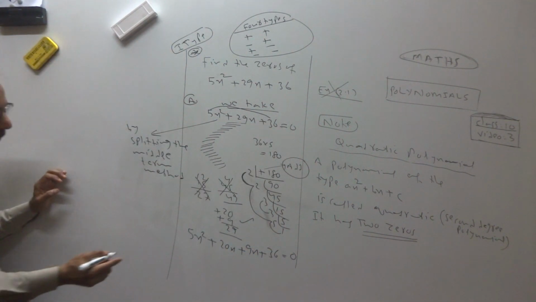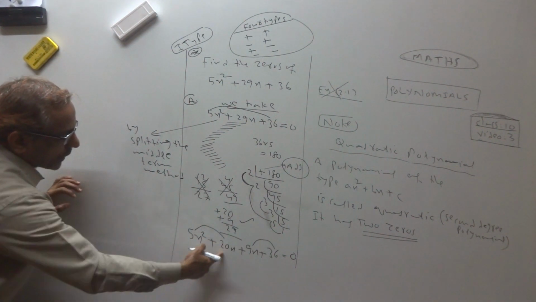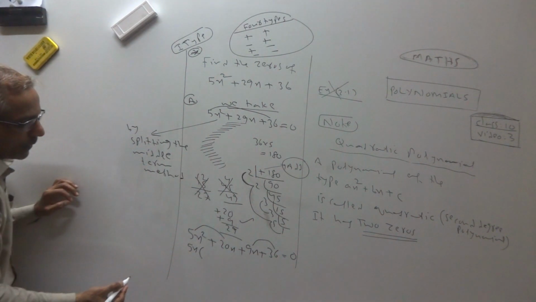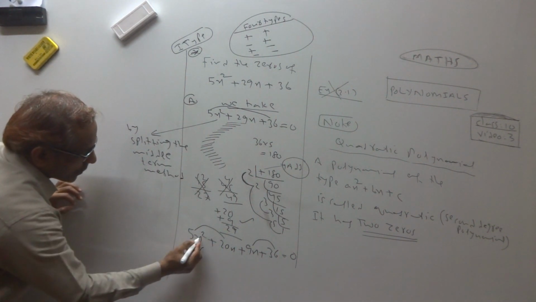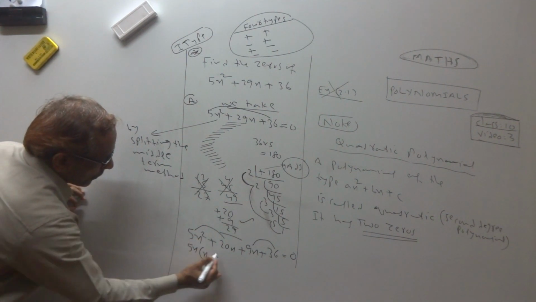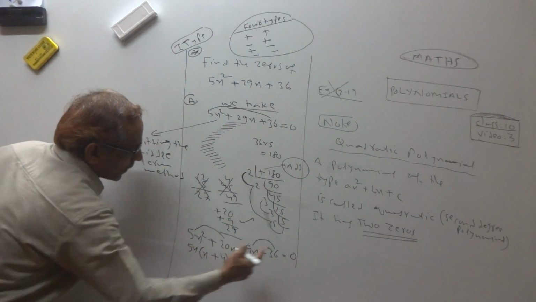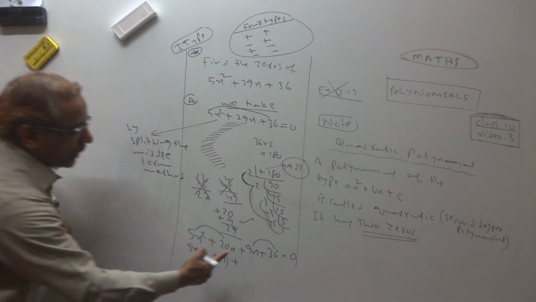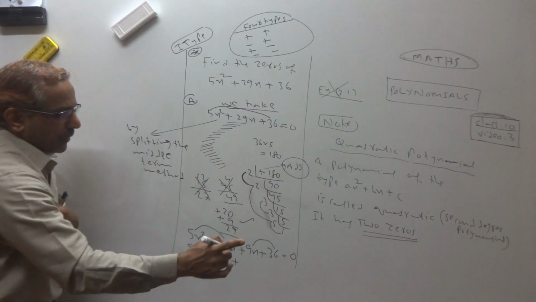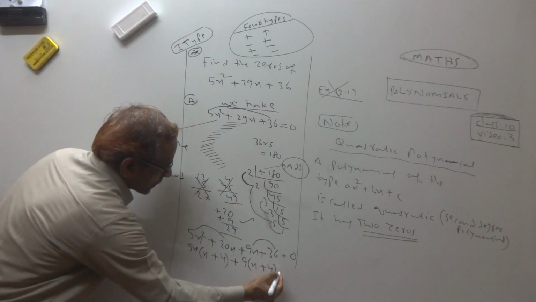This is the method. Now we take common. This is one group, this is one group. What is common in both? 5x. When I take 5x common, x is left, and 5 fours are 20. Here what is common, you see? 3 divides both, 9 divides both, but you always take the highest number. 9 is common. 9 fours are 36.